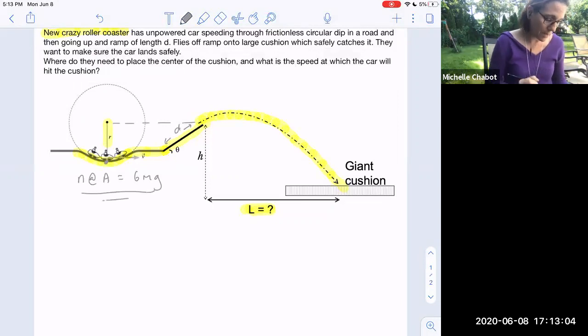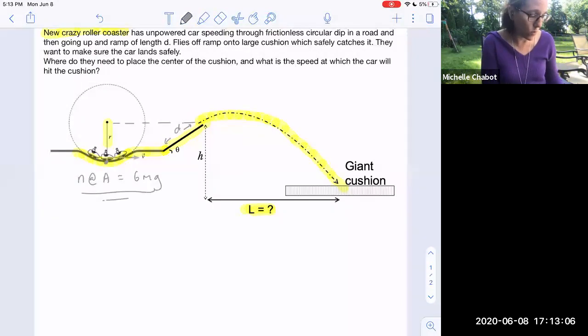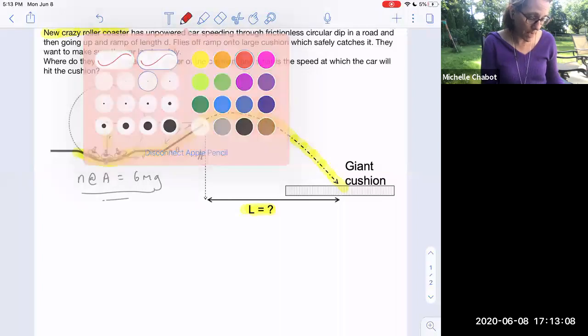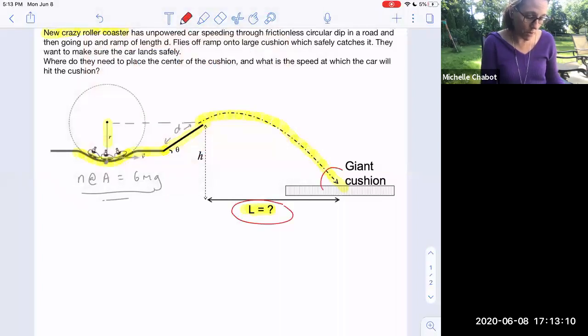So that's a bit of given information. And we again want to find L, and we want to find the speed at which it's going to hit the cushion so that they can make sure it's not too fast and that the cushion is in the right place. Okay, so we have to then think about how we're going to go about solving this.